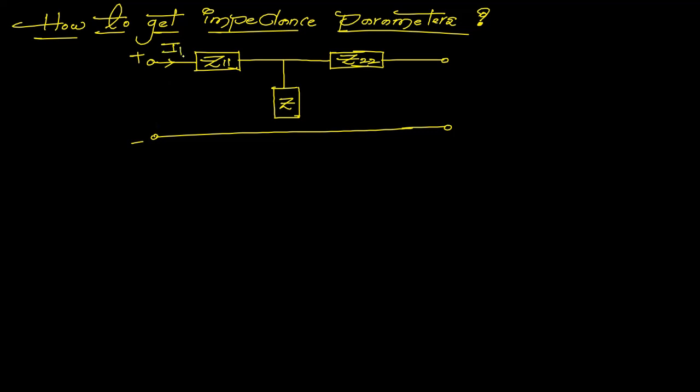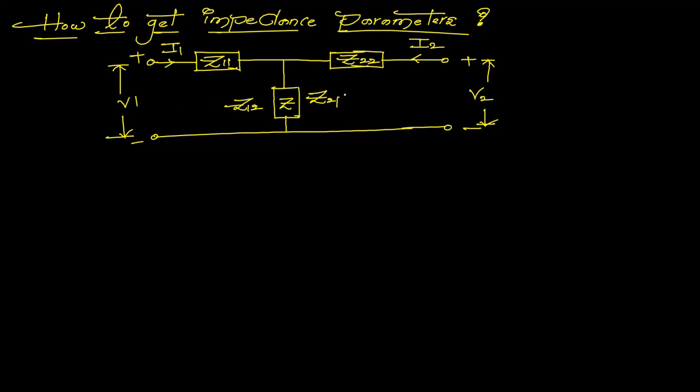Here this is plus, this is minus, current I1 is flowing, and this one is current I2, and this one is the voltage across port 2, and this one is the voltage across port 1 that we are applying. Our target is to find all these parameters. Here I1 and I2 are the independent variables in the two-port network, but V1 and V2 are the dependent variables.